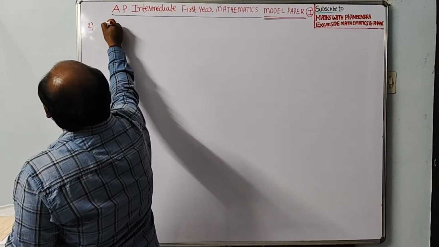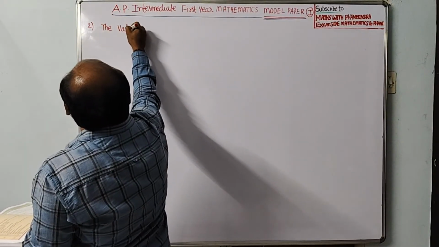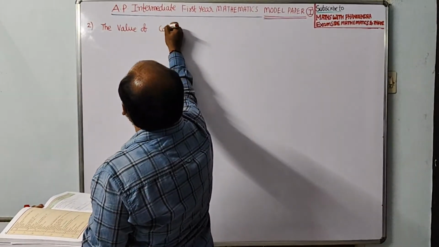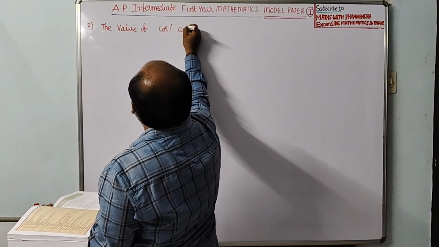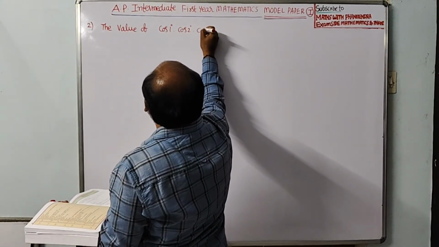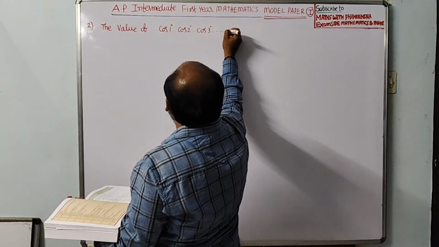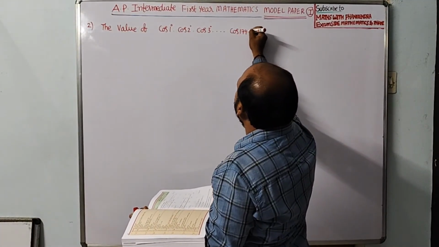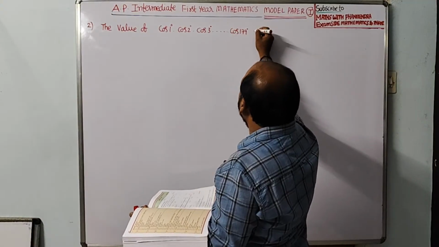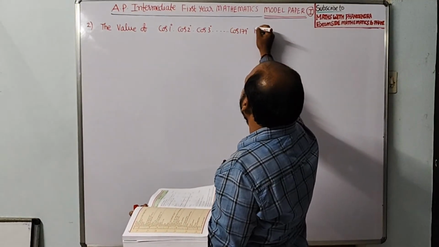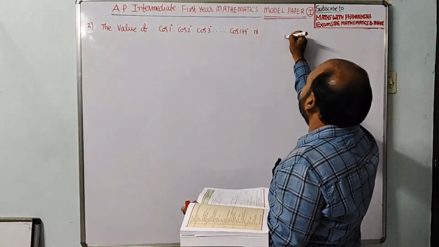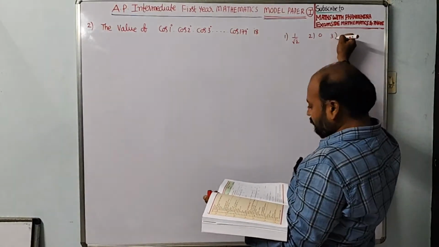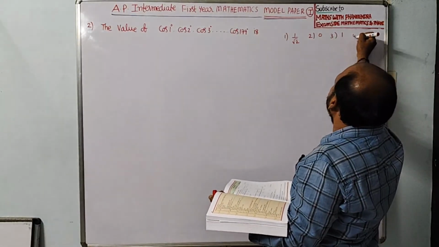Question number 2, the value of cos 1 degree into cos 2 degree into cos 3 degree and so on, cos 179 degree is, so options are given: 1 by root 2, 0, 1, minus 1.